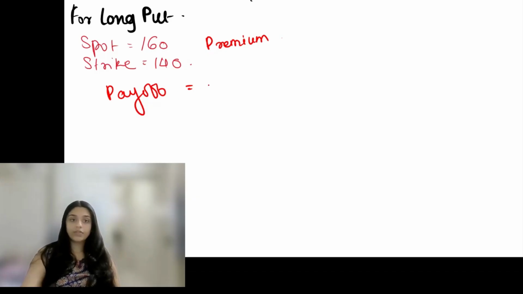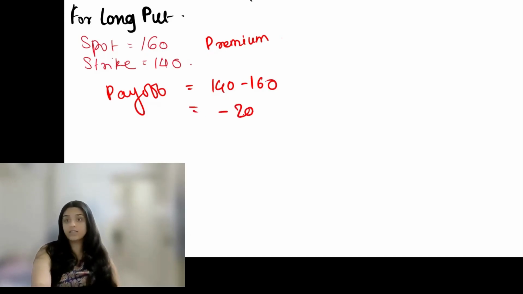So the payoff here will be 140 minus 160, and that is minus 20. But what have we discussed? The payoff can never be negative, correct? So the payoff finally will be zero here.